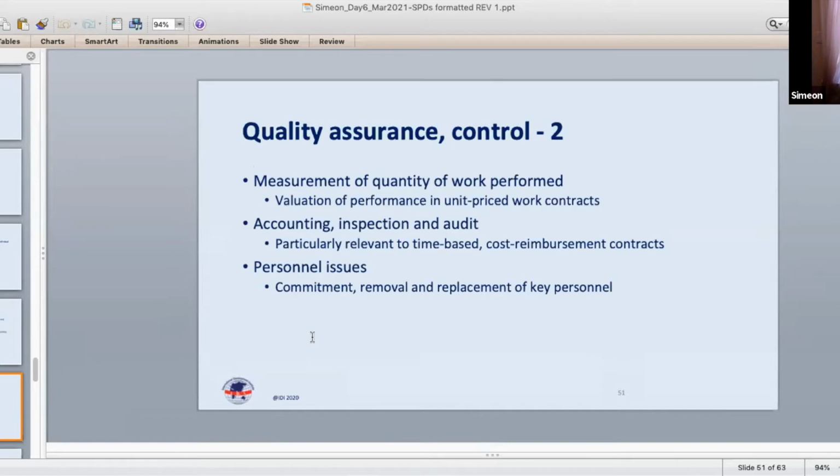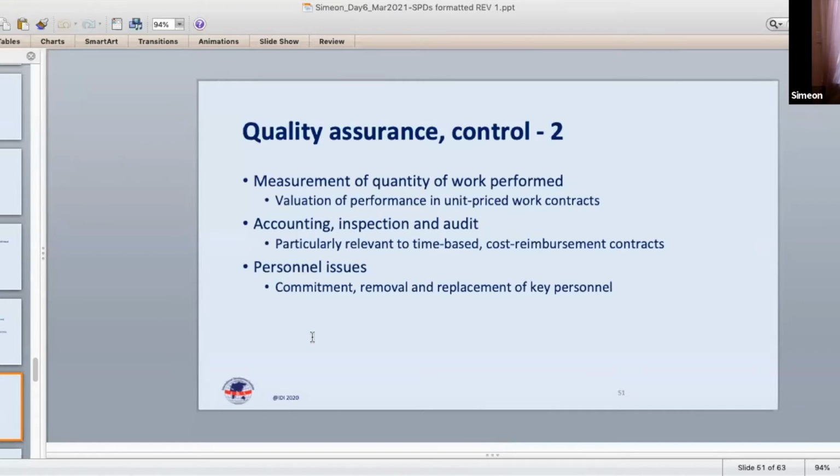The second bullet point here is very important for time-based or cost reimbursement contracts, and that is the contract will include provisions relating to the cost control and record keeping and accounting obligations of the contractor or the consultant, so as to enable the procuring entity, in exercise of its right to inspect and to audit, to be assured that the charges or the invoicing based on time is justified by what has actually been performed by the contractor or consultant.